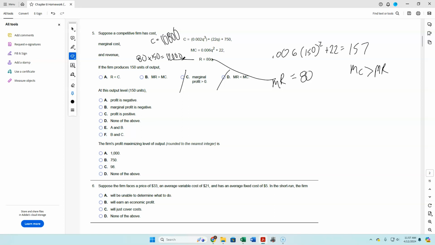So the costs are greater than the revenue as well.